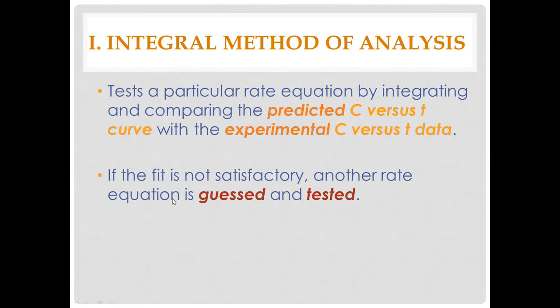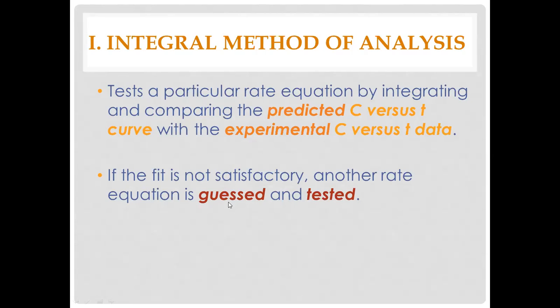Now, if the fit is not satisfactory, since we are testing, another rate equation is guessed and tested. So you test because you guess that this particular set of data must be for a first order reaction. So that's your first guess. Then you test whether your C versus T data fits that of a first order reaction.